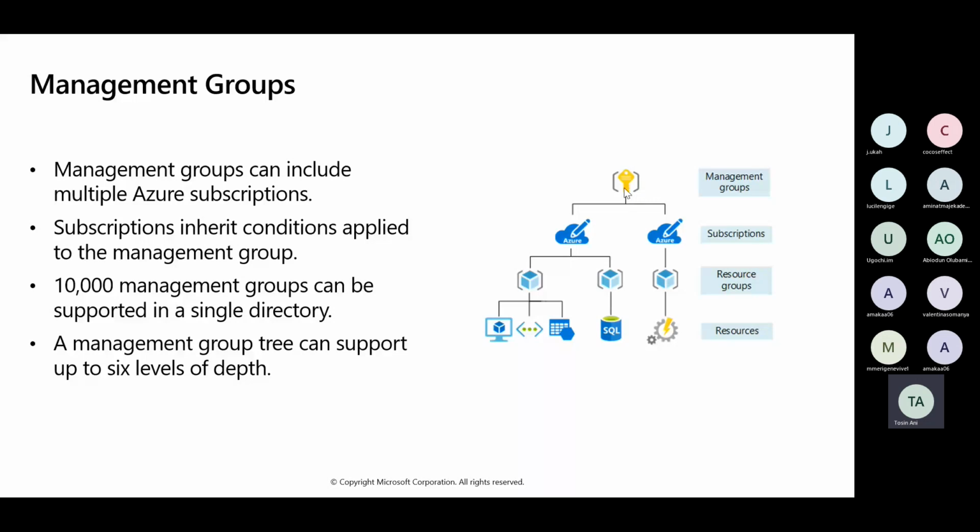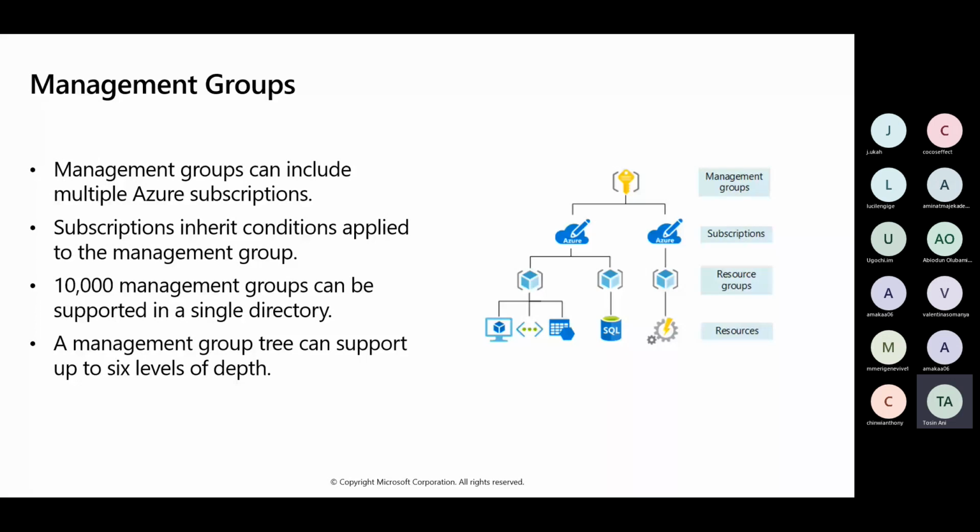So if we apply a condition to this management group, all of these subscriptions and whatever is within them are going to inherit that. So in a way, there's a hierarchy. That's what I'm trying to point out to us. There's a hierarchy of the management group and subscriptions, and with that you can build a flexible structure to organize your resources.